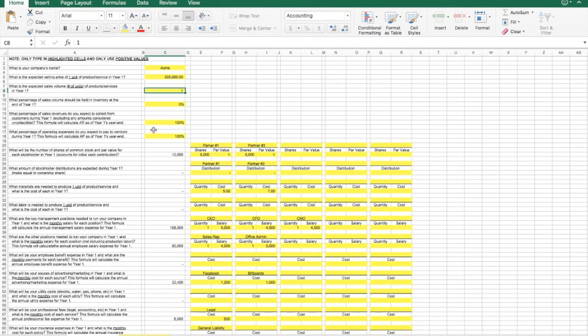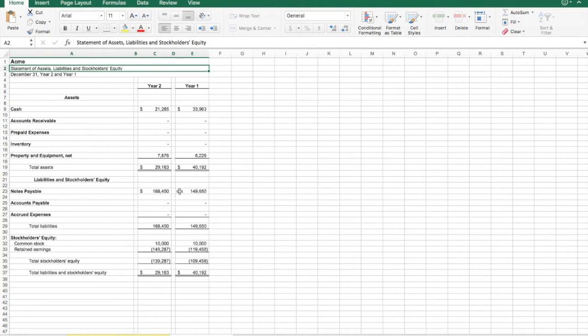It's just that they're required to work out the financial statements. So make sure that you've got your selling price, your volume, and make sure you've got 100 here listed as the percentage of revenues you're going to collect. So those things will make sure that you've got a positive cash balance. Make sure that these numbers stay positive. Otherwise, it's saying that you ran out of money, which you don't want to do.